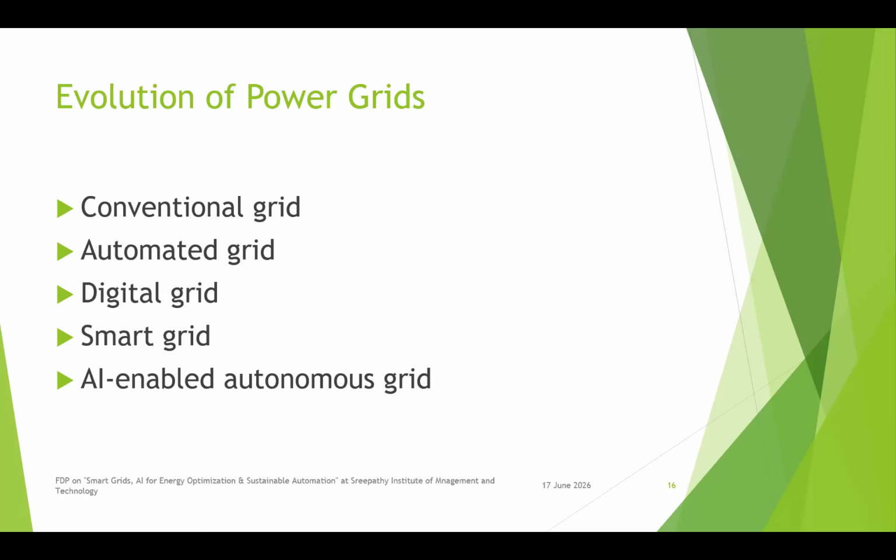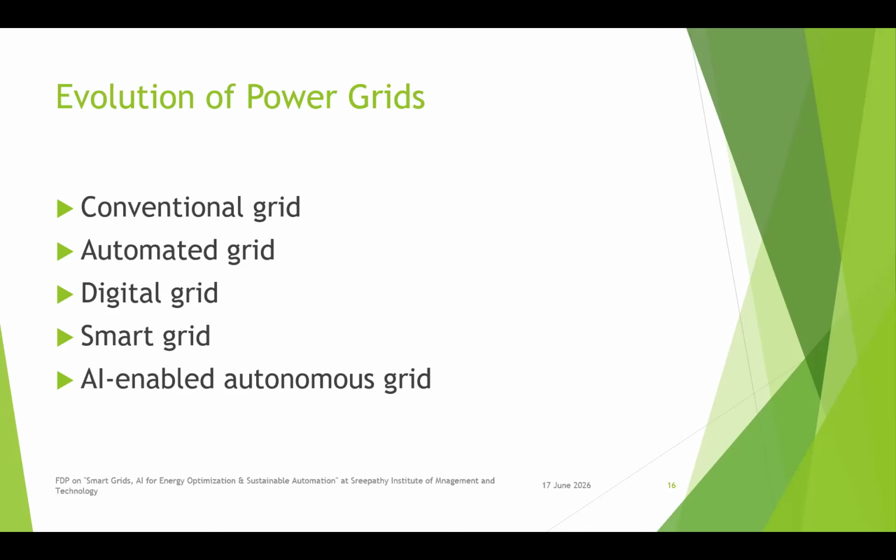Then comes the smart grid system. The smart grid is actually the digital grid system only, and here everything is digitalized: digitalized communication networks, smart sensors, and smart meters are incorporated in the smart grid systems.